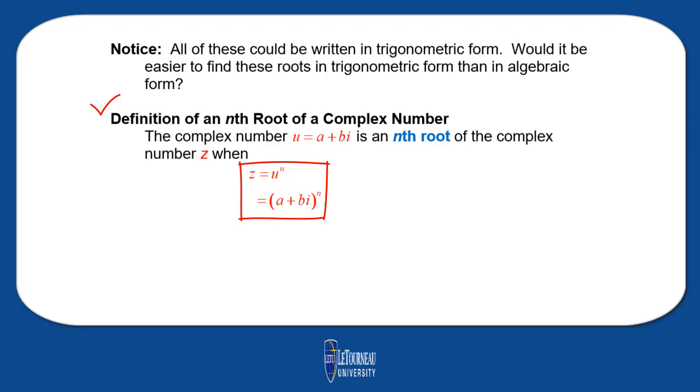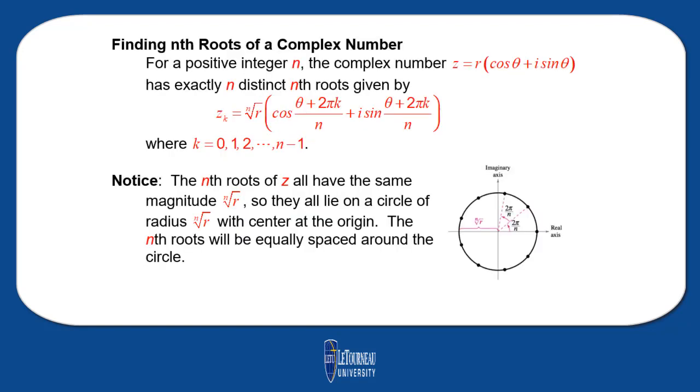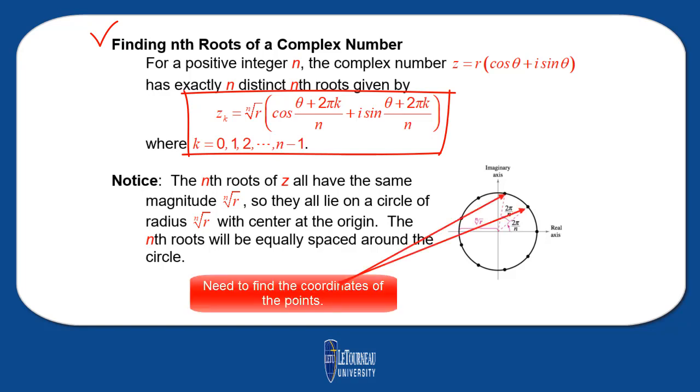So to find these roots, the first thing we want to do is put z into our trigonometric form. We'll use trigonometric form all the way. It has exactly n distinct nth roots, and they are given by that formula.